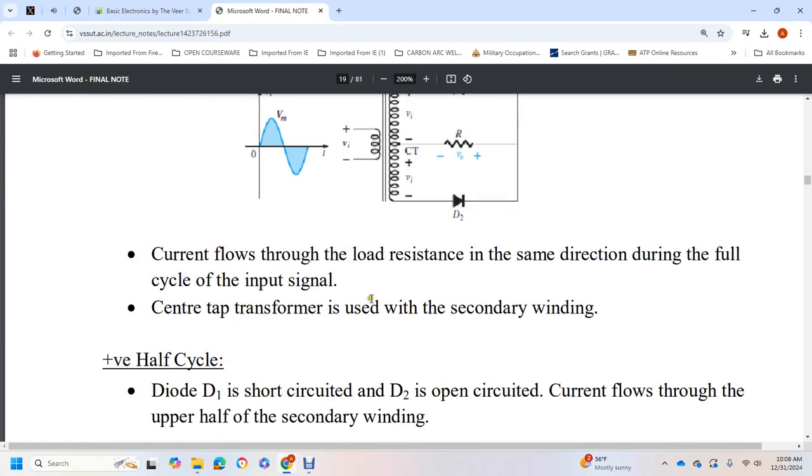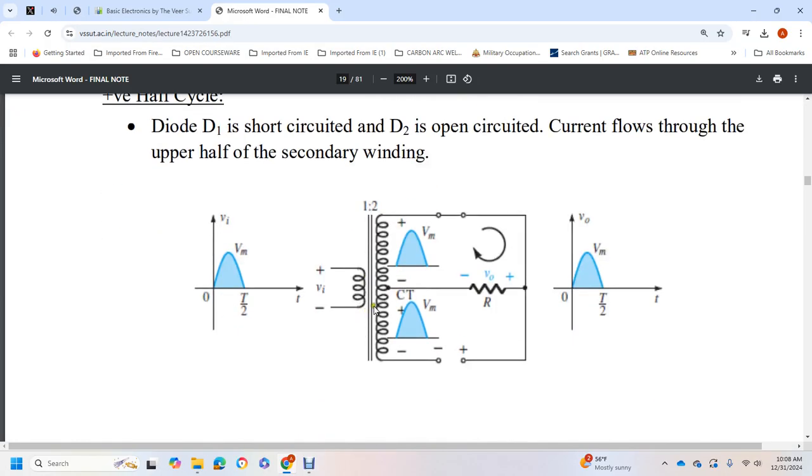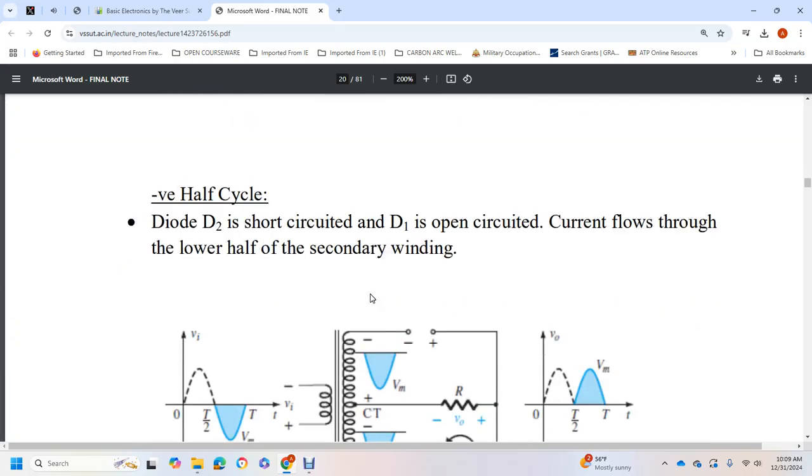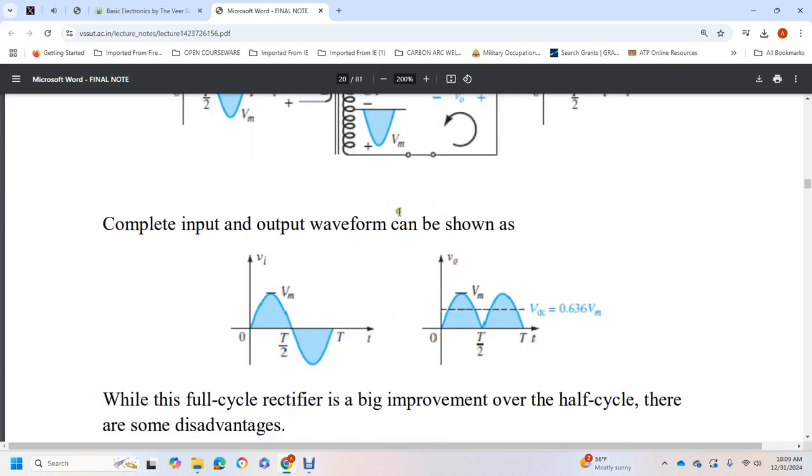During one half cycle, diode 1 is a short circuit and diode 2 is an open circuit, with current flowing through the upper half of the secondary winding. During the other half cycle, diode 2 is a short circuit and diode 1 is an open circuit, with current flowing through the lower half of the secondary winding. The complete input and output waveforms are shown.